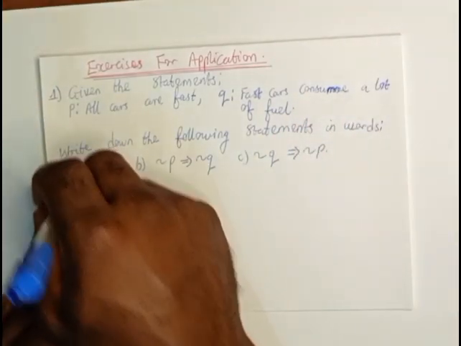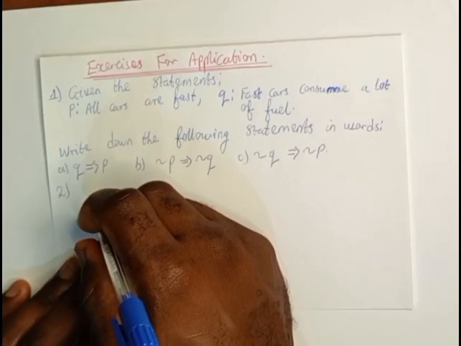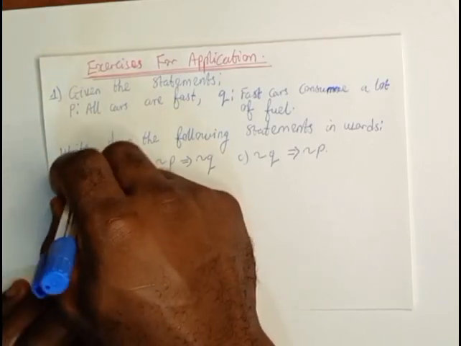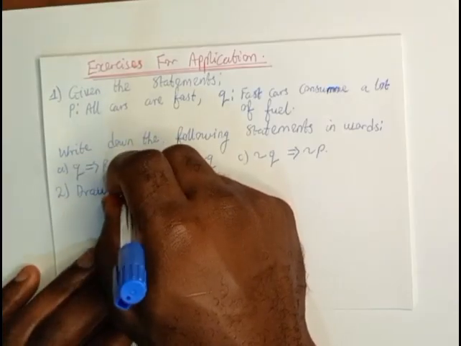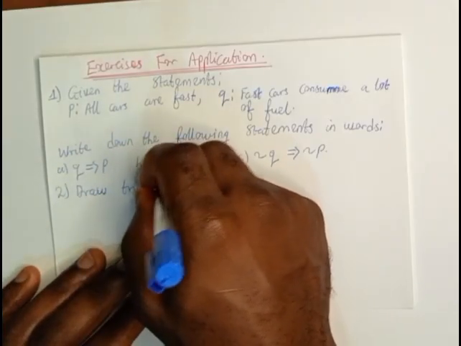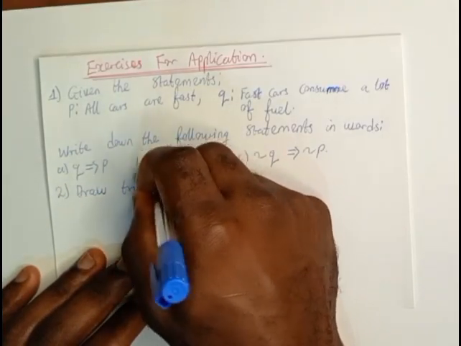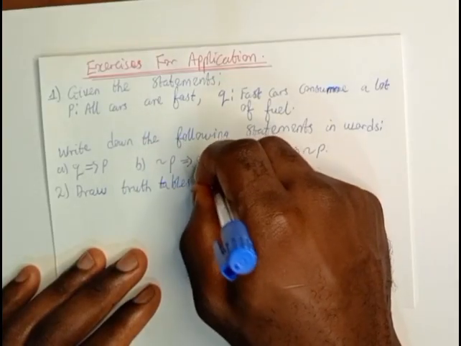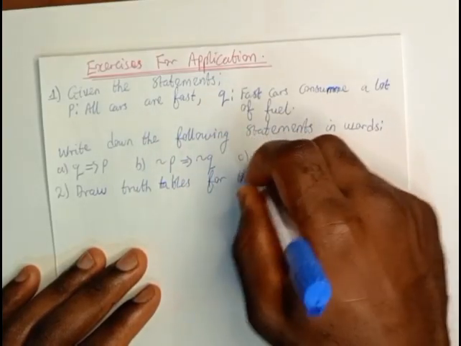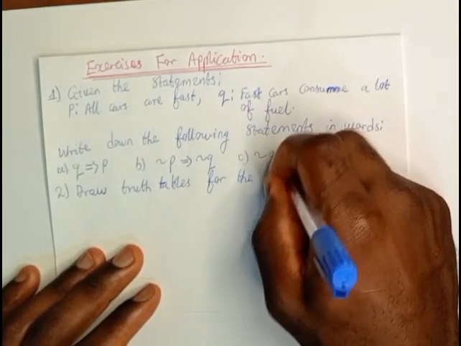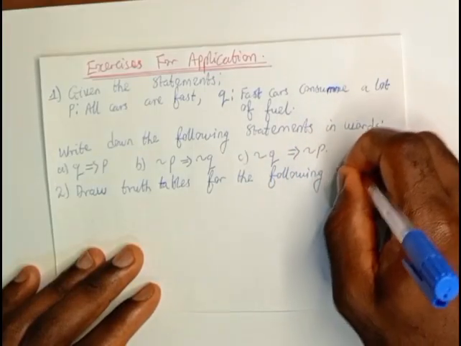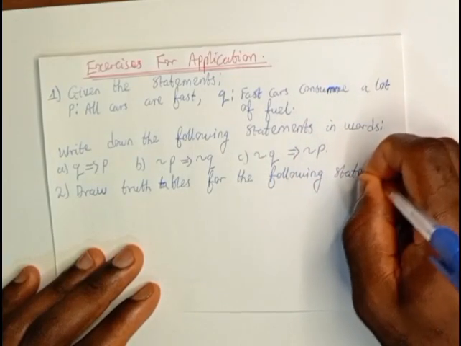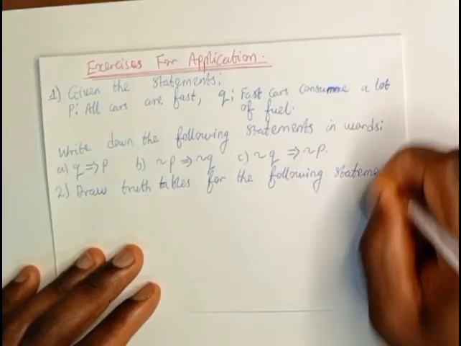For question 2, it goes: draw truth tables for the following statements.